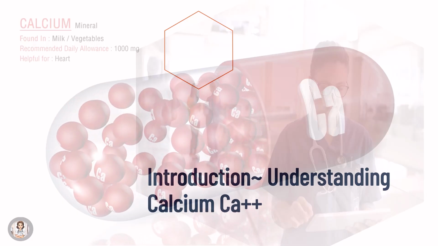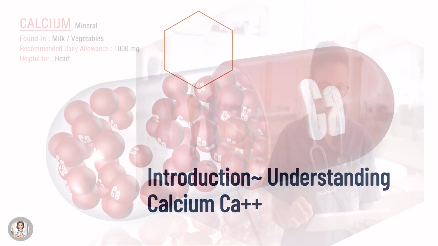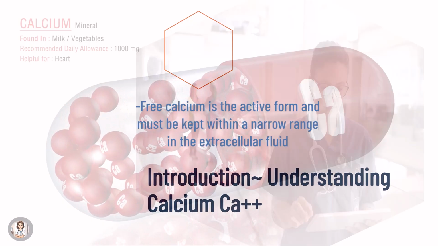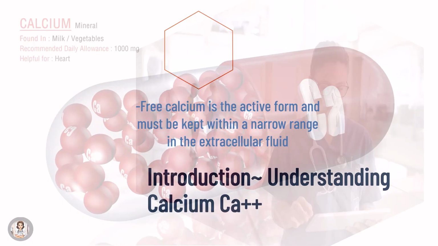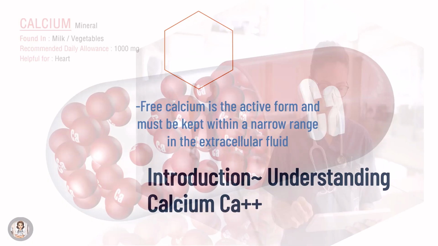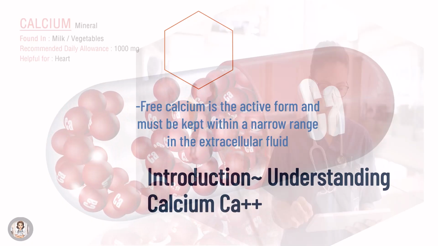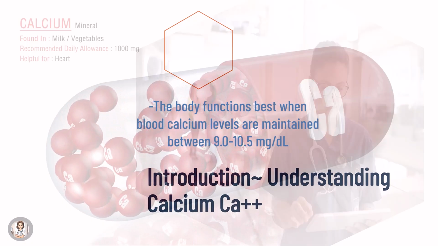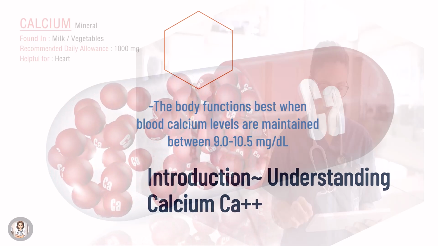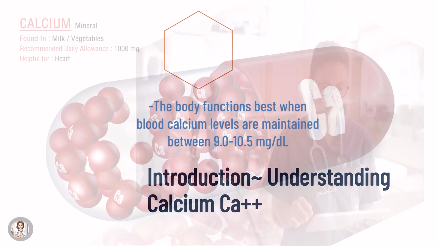Ionized calcium is present in the blood and other extracellular fluid as free calcium. Free calcium is the active form and must be kept within a narrow range in the extracellular fluid. The body functions best when blood calcium levels are maintained between 9.0 and 10.5 milligrams per deciliter.